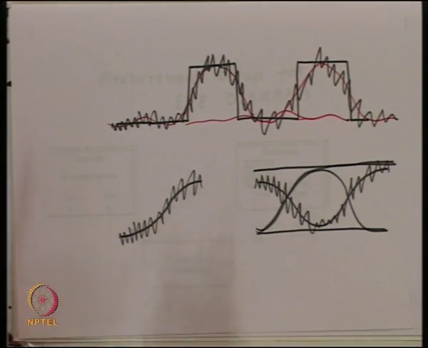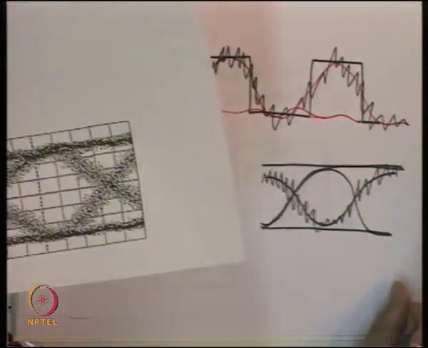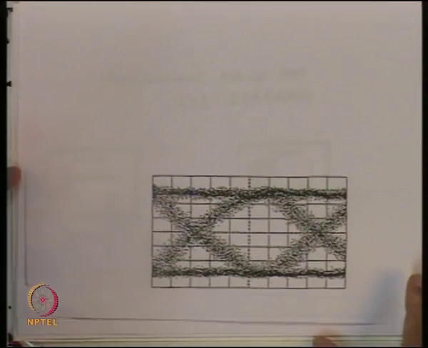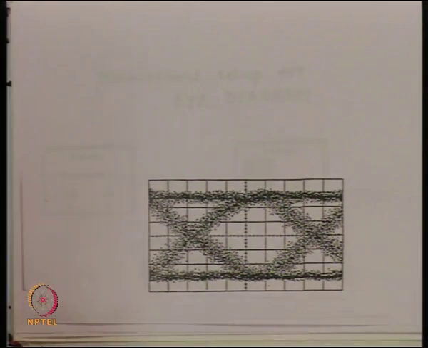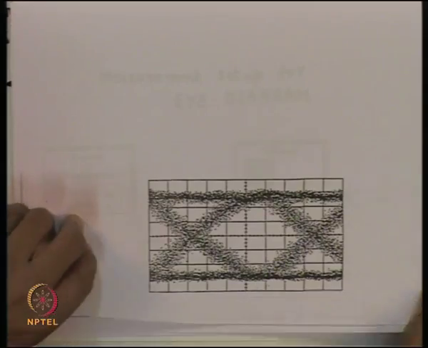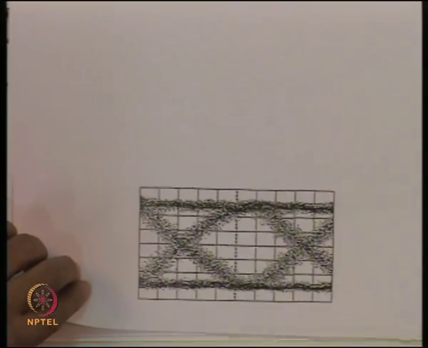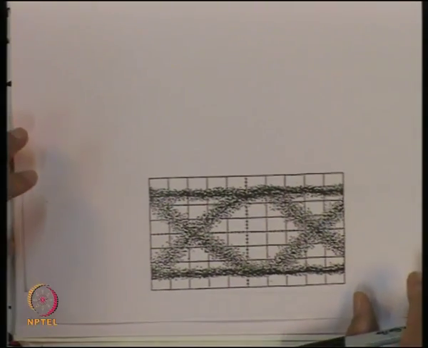So, if we synchronize the oscilloscope with the clock, then essentially we get the output on the oscilloscope which would typically look like that. This is what is called the eye diagram of the receiver.